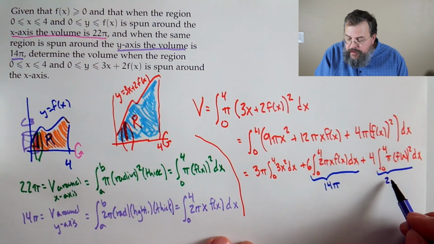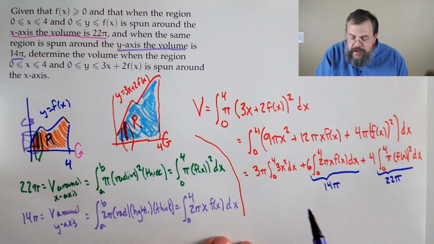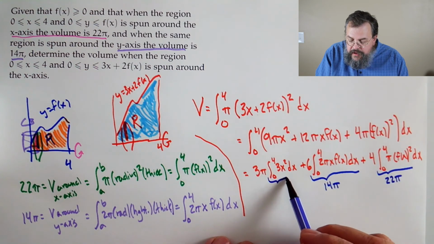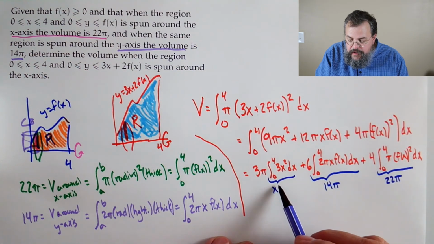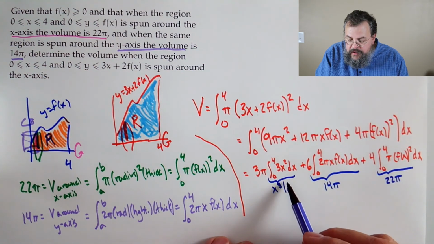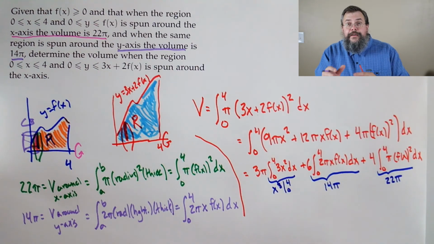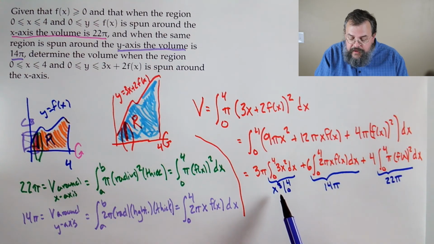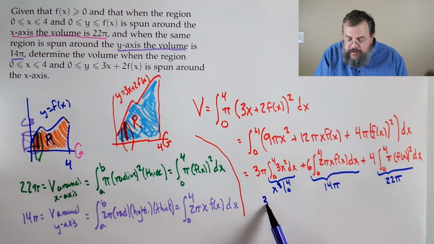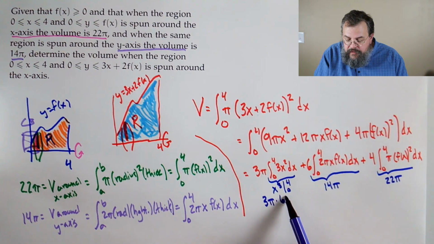All right, wow, we can get some big numbers here. And then this integral, we can integrate it, that's x cubed from 0 to 4. Well, okay, 4 cubed. 4 times 4 is 16, times another 4 makes it 64. So that's 64 times 3 pi. So 3 pi times 64.